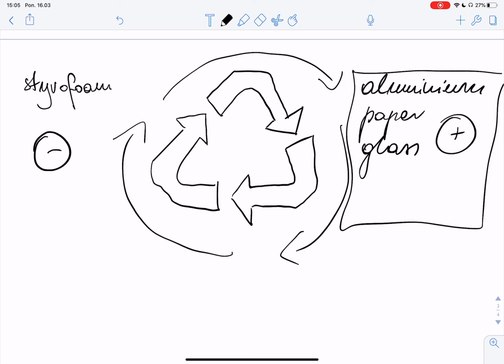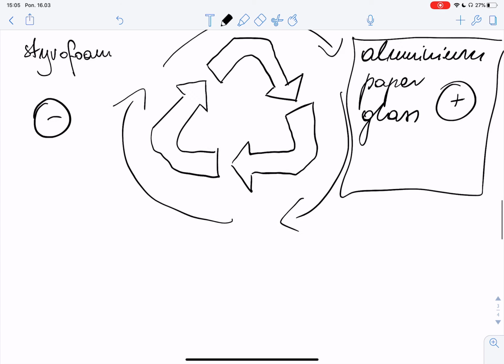But guys, as we said, matter is only a different form of energy. And guys, where do we on Earth get energy from? The answer is simple. It's the big nuclear reactor that is shining above our heads, and this is the sun.